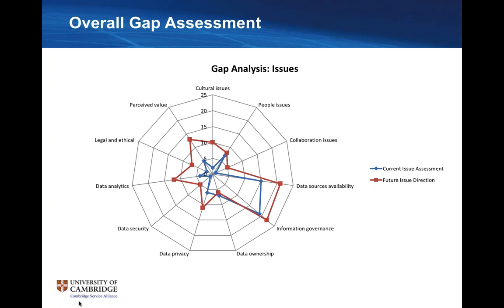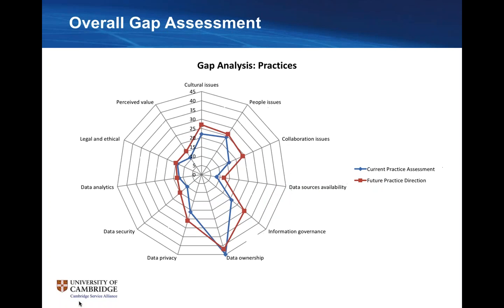It's not only for the issues, but also for practices. Are we considering these practices to overcome these issues? So again, you can see the gaps between the issues, the current practices, and the future things that we should consider. And then going to the detailed gap analysis, which is the third level of analysis here.